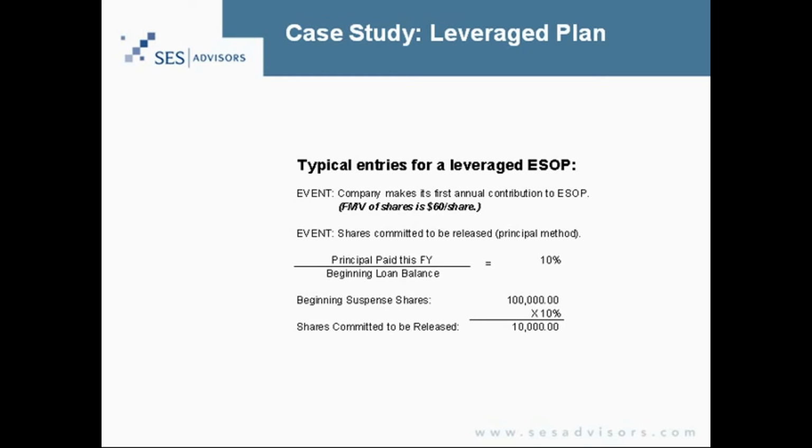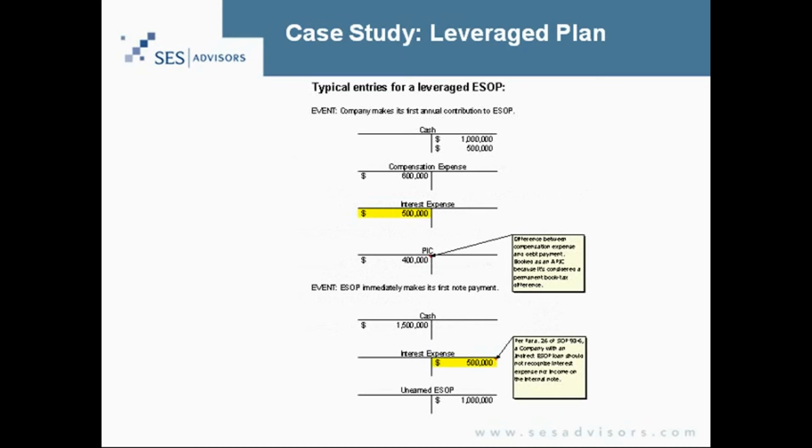Okay, jumping back to our example, in our leveraged plan case study, the company makes its first annual contribution to the ESOP, puts $1.5 million into the plan. The plan in turn writes a check back to, or transfers back to, the company $1.5 million. What are we recording?